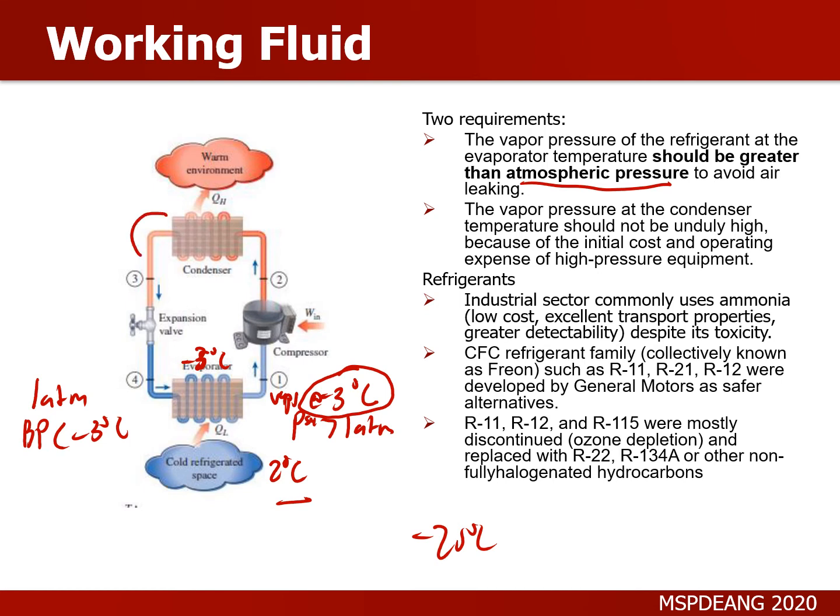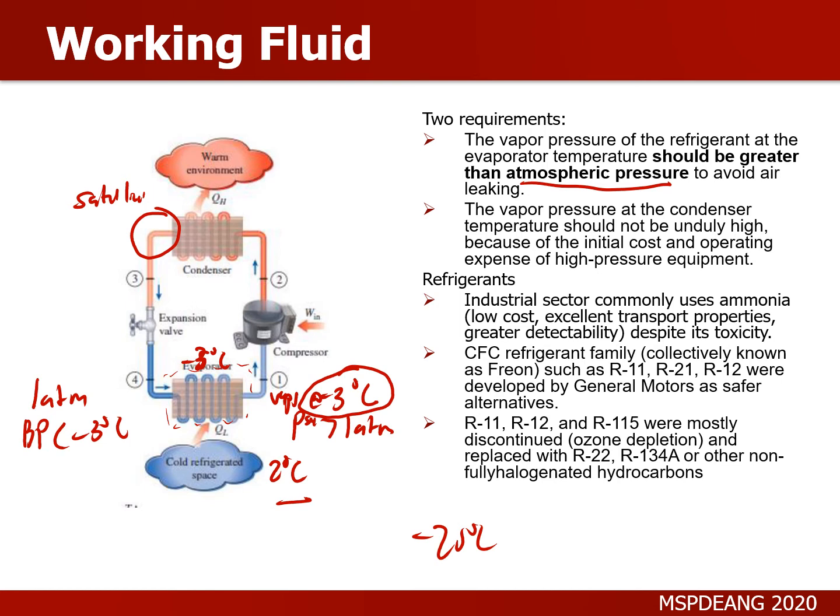Tapos at this point, saturated liquid, dapat hindi sobrang taas ng vapor pressure. Kasi pag sobrang taas ng vapor pressure na yan, malaki yung kailangan mong work na input sa compressor. Pero mas importante actually is selecting the correct evaporator condition. Kasi kailangan sumakto na at least 1 atm yung vapor pressure at the temperature sa evaporator outlet.